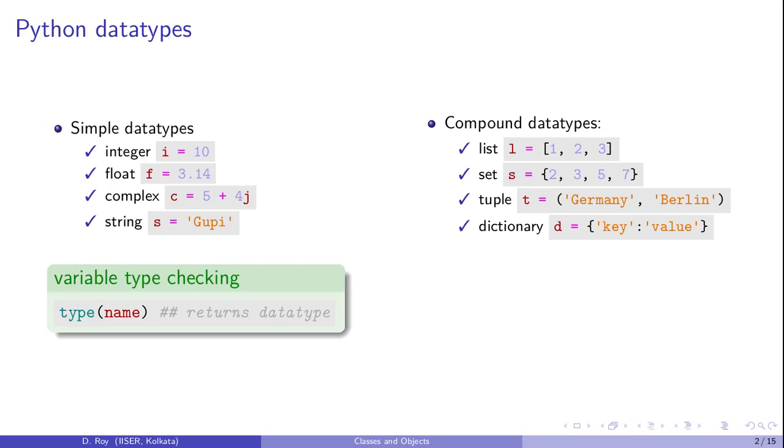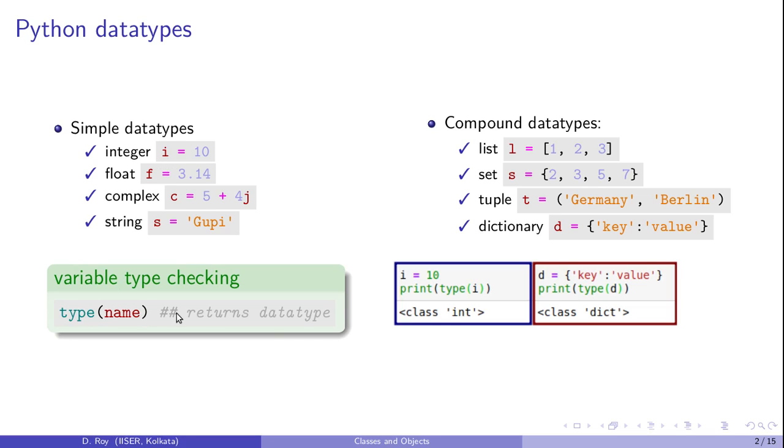To check the type of a defined variable, we have seen that there is a function called type, in which if we provide the name of the variable, it returns the data type. For example, if I want to know the data type of this variable, I need to provide type in brackets, and that returns some output like this.